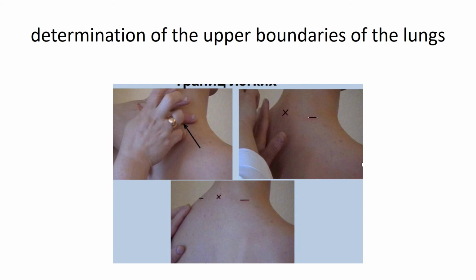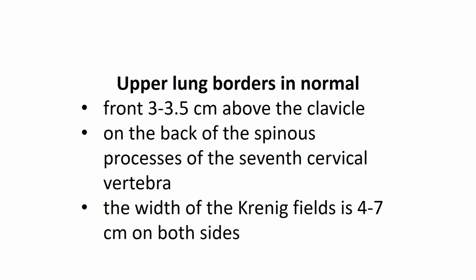The upper lung borders in the normal front are 3-5 centimeters above the clavicle. On the back, they are at the spinous process of the 7th cervical vertebra. The width of the Kroenig fields is 4-7 centimeters on both sides. So every time remember that.